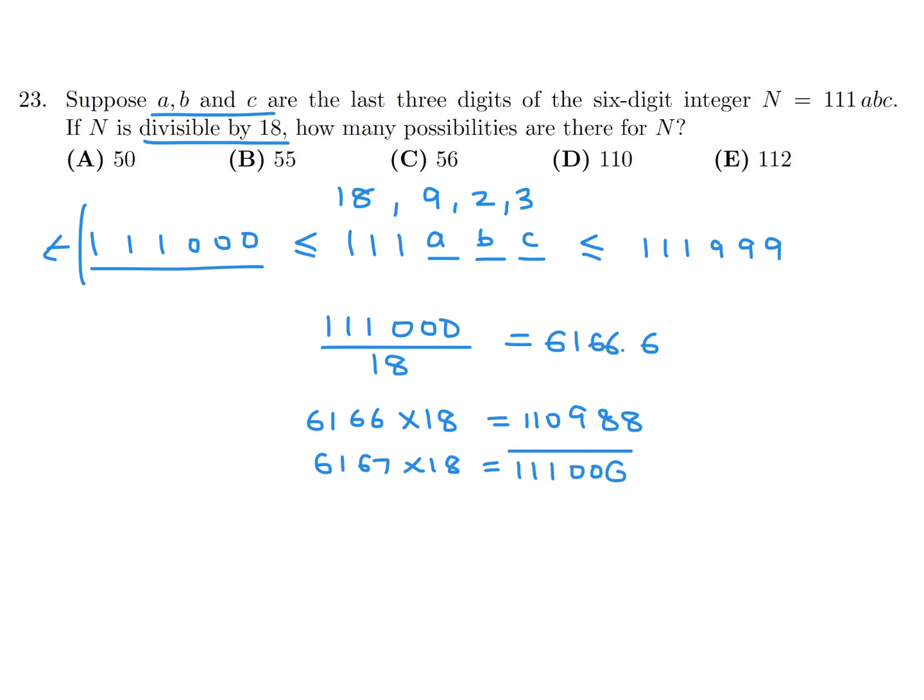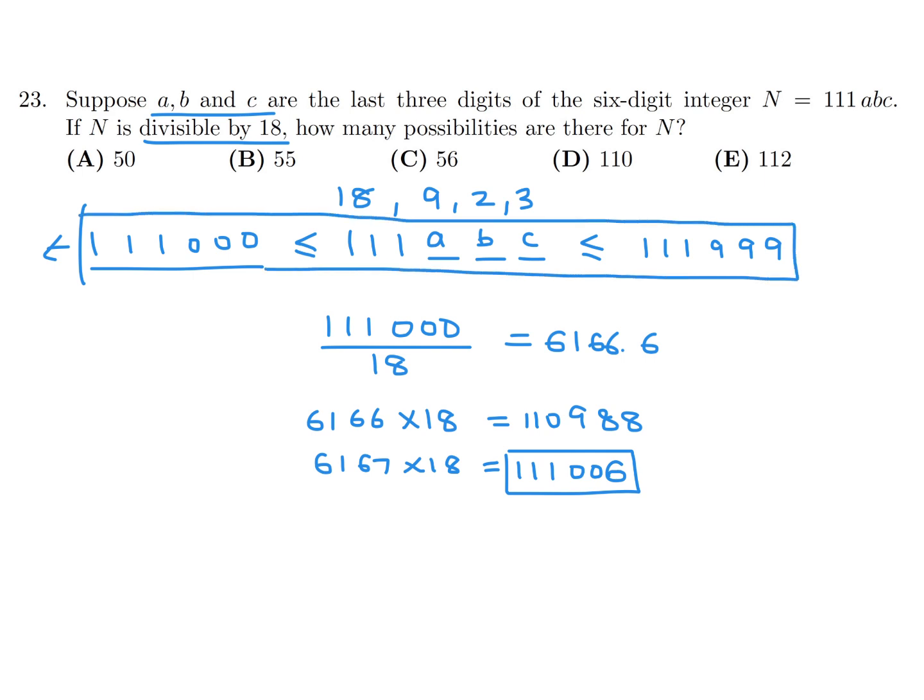So that's the first number in this range that qualifies, that is divisible by 18. So then we just have to figure out what's the last number that qualifies. Well, the last number should be fairly easy. We have this number that we just calculated, which is 111006, correct?